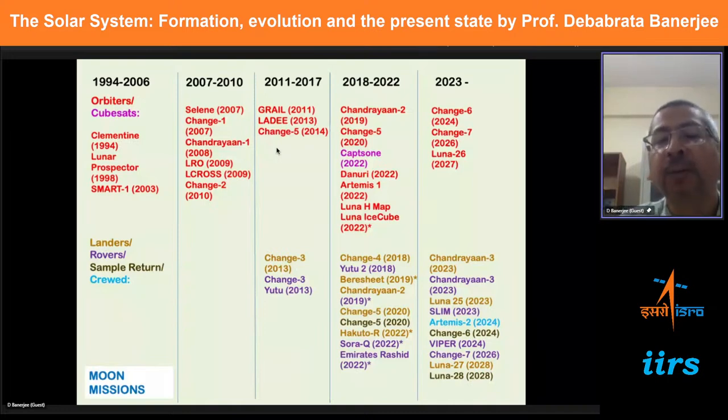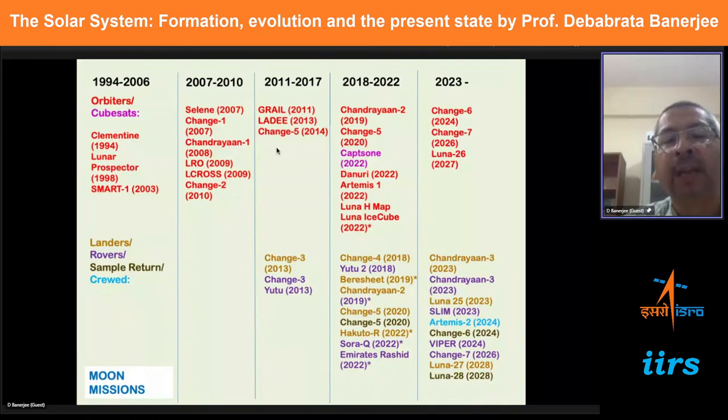And there are major programs, for example, the lunar program, where you have sample return, and then you have the Artemis crewed program, which is planned in 2024 in the US. And then, of course, you have landers and rovers. So, lunar research is not over.